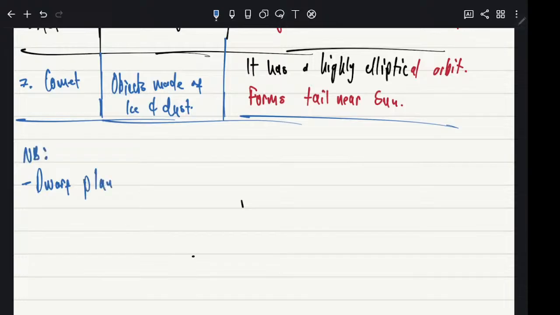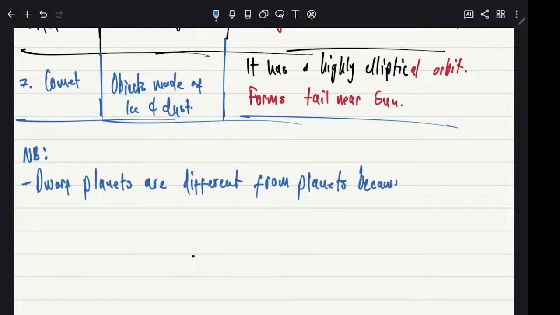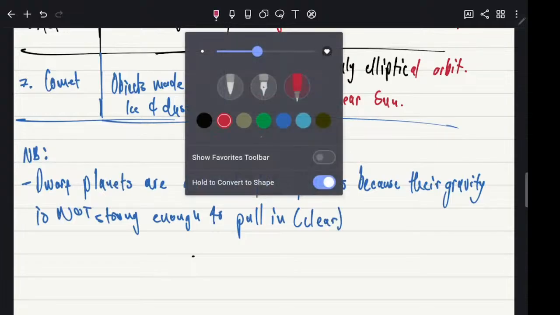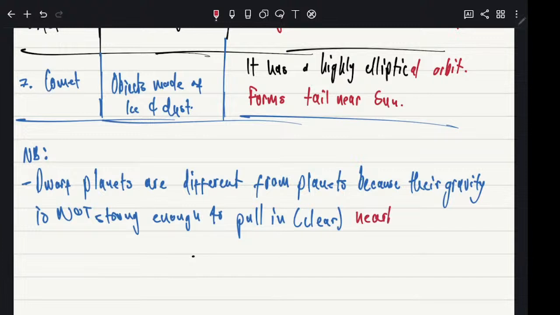Dwarf planets are different from planets of ours, because their gravity, this is the difference, their gravity is not strong enough to pull in, or to clear, nearby objects.